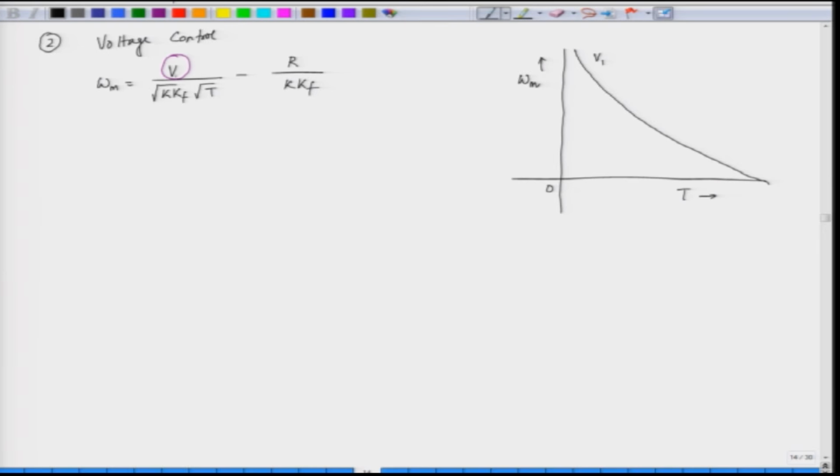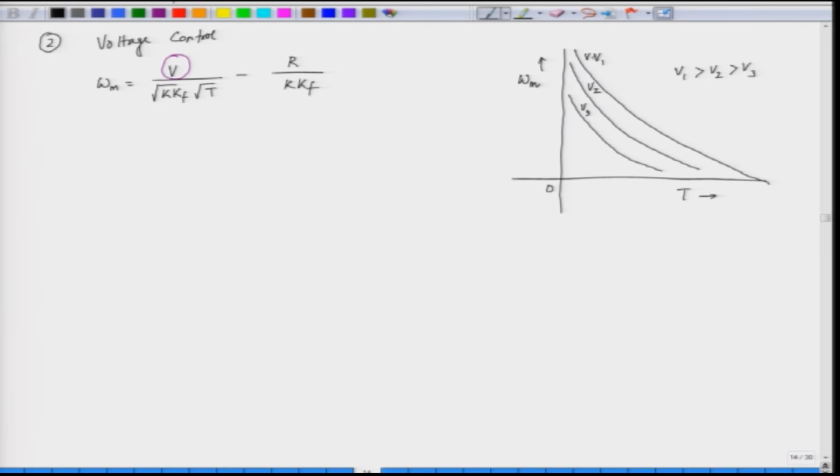When the voltage changes to V 2, the no load speed changes. It means, if we decrease the voltage, the speed will decrease. So, the profile will be like this, V 2, V 3 and so on. So, in this case V 1 is greater than V 2 is greater than V 3.